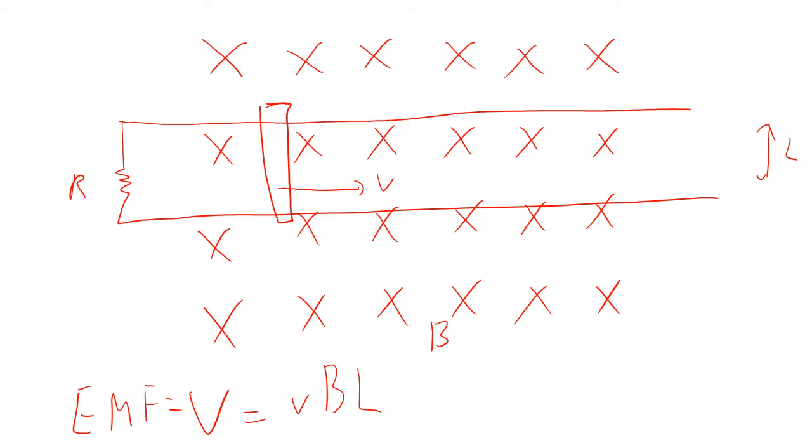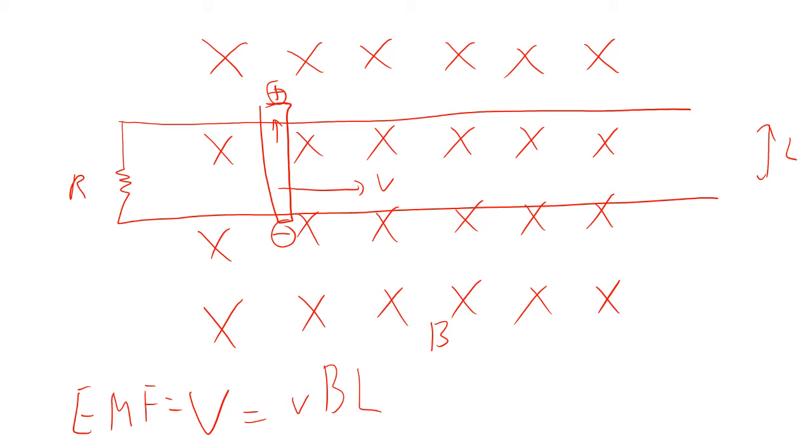As for the direction, use the right hand rule. Put your hand in the direction of v, the velocity, curl your fingers in the direction of the magnetic field, and your thumb is going to point upwards in this case. So this is the positive end and this is the negative end of our EMF.